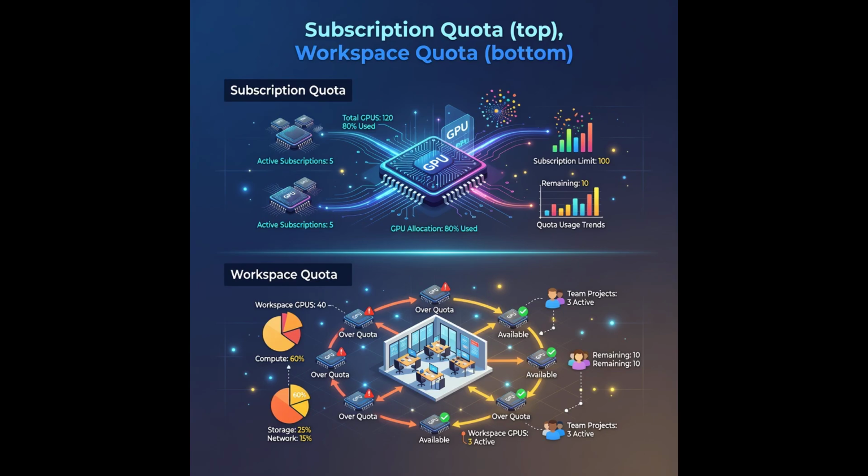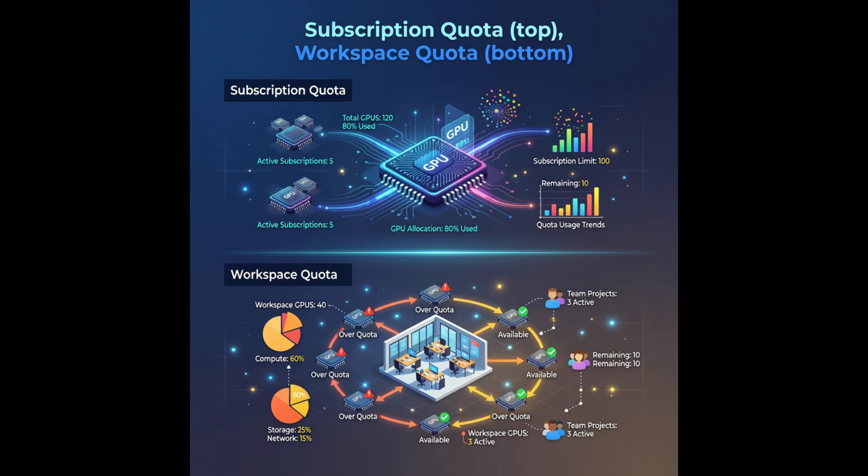Second, the workspace level quota, the maximum compute allocation within a specific workspace, which can be set lower than the subscription quota. If you're sharing a subscription across teams and don't want one team's training runs consuming all available GPU, you set workspace level quota limits.